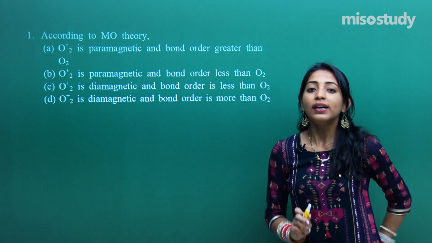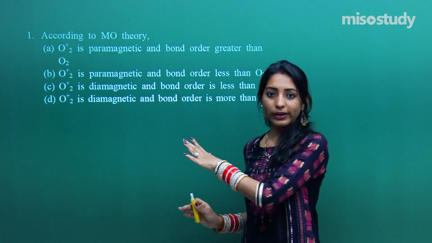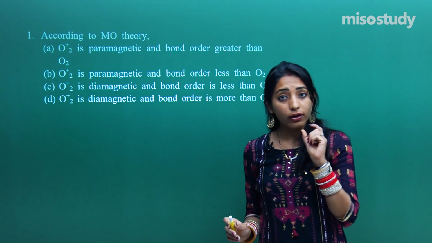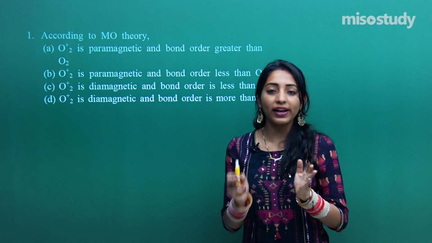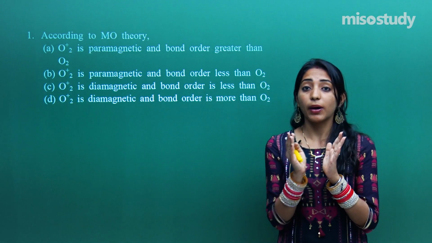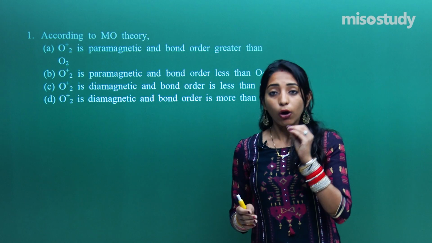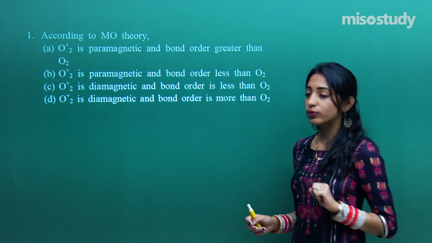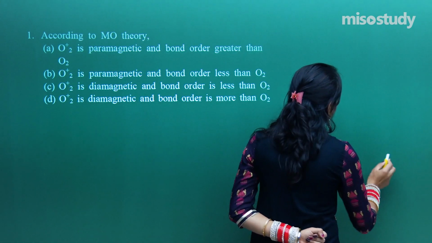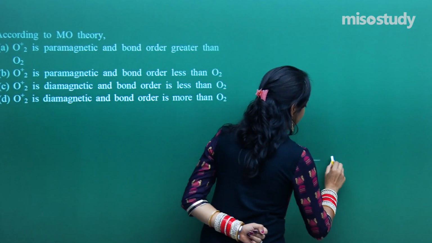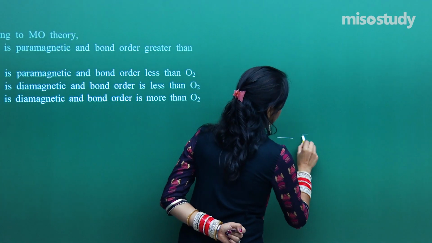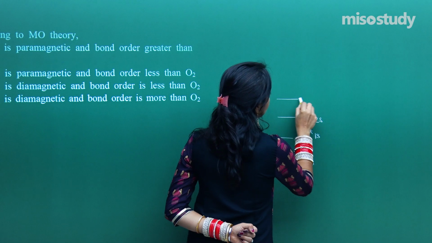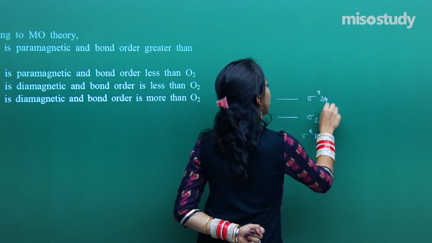That means in this question I need to prepare the molecular orbital diagram for oxygen and for O2 positive, and find out whether both of them are paramagnetic or diamagnetic. Also I need to figure out the bond order. So let's make the 2 diagrams. We have sigma 1s, sigma star 1s, sigma 2s, sigma star 2s.